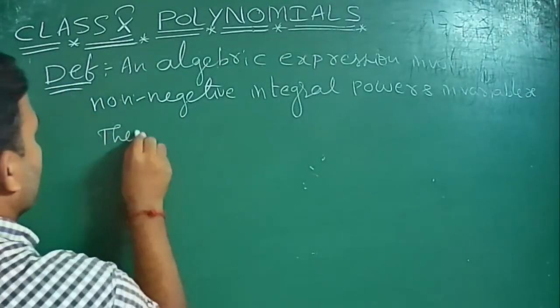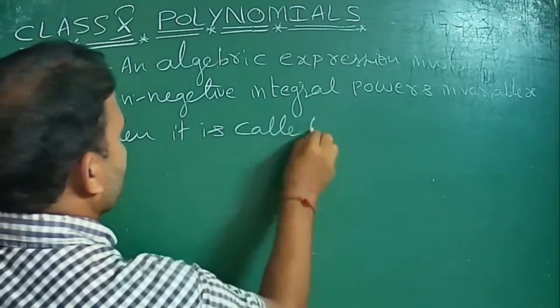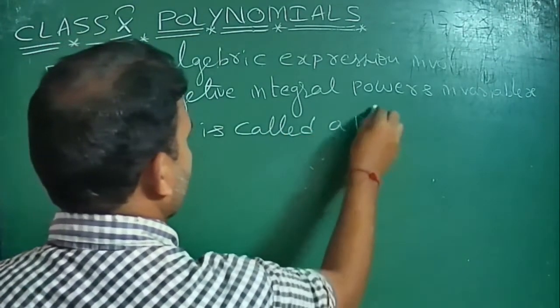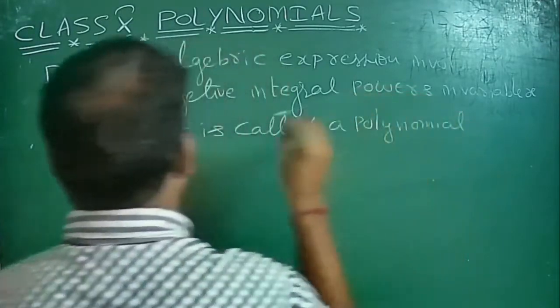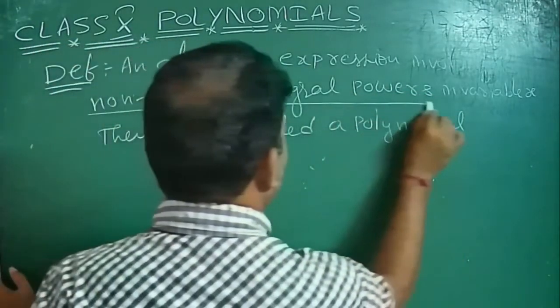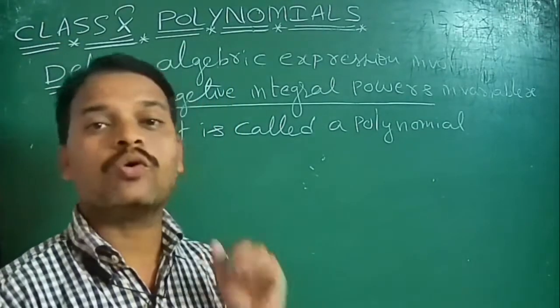Then it is called a polynomial. Simply, non-negative integral powers are also what we call whole numbers.